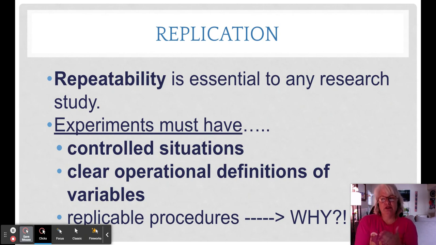But in order for this study to be accepted, it has to be repeated, and repeated with the same or very similar results. So it has to be in a controlled situation, meaning you can control what the people are doing, which is really hard in a human study. It has to have those operational definitions of the variables, and it has to be repeatable.